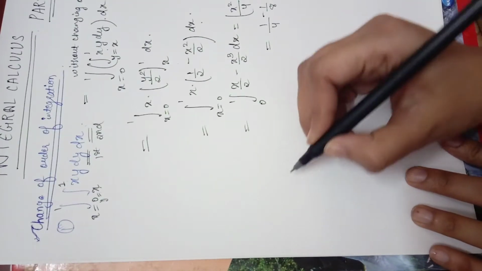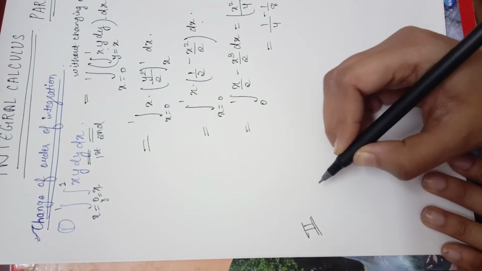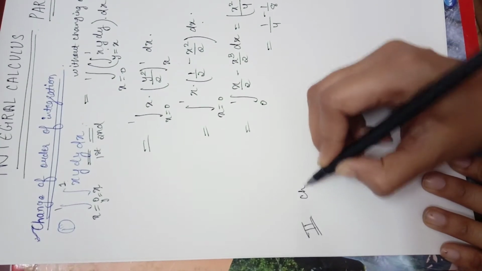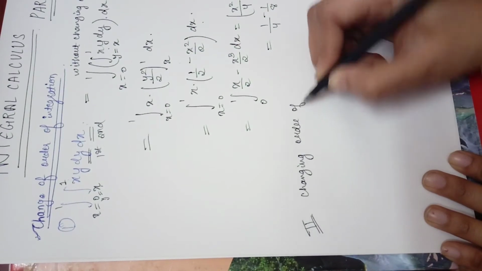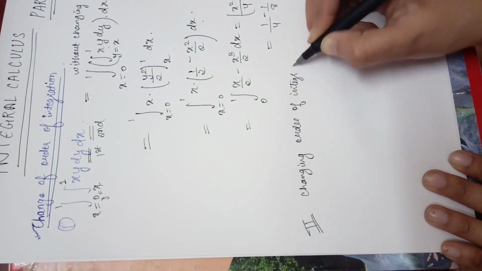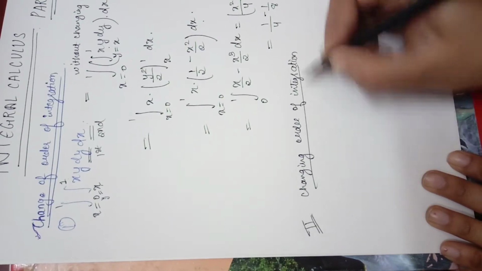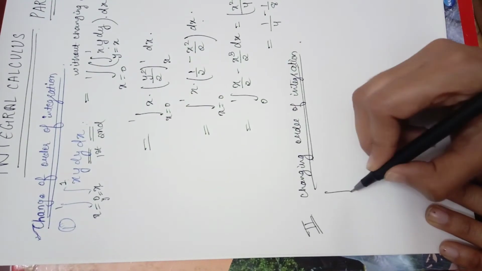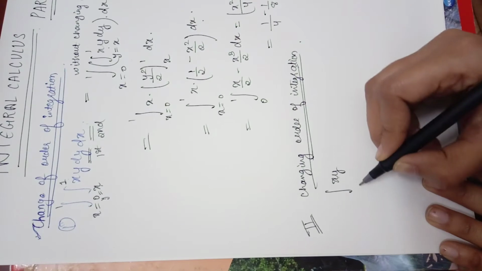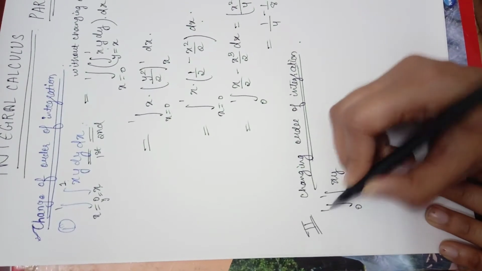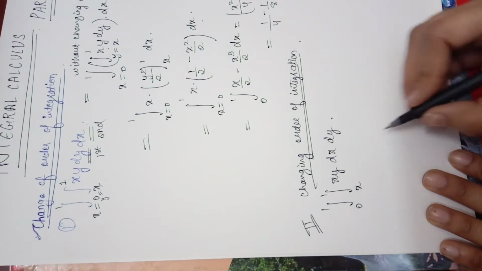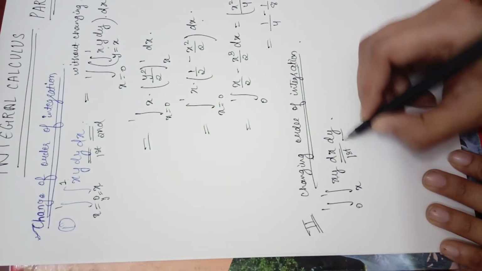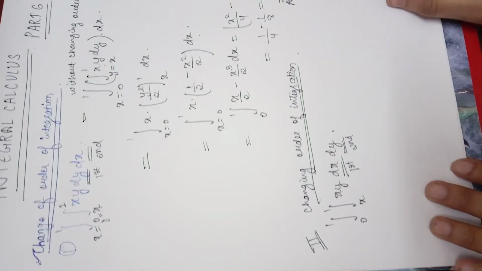Now I am doing it another way, changing the order of integration. So xy remains as it is, but now instead of dy dx I will write dx dy. That means this is what I'm going to solve first and this is what I'm going to solve second.